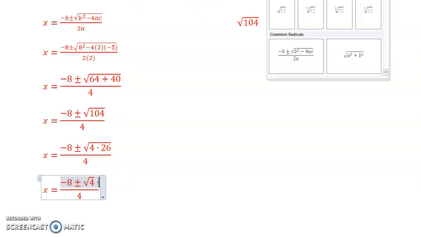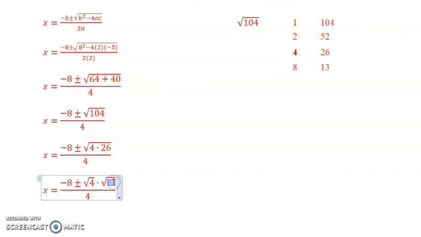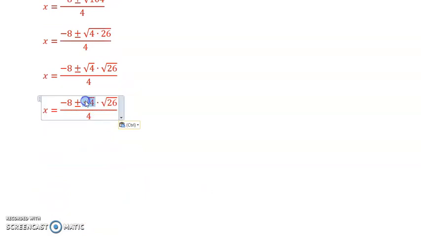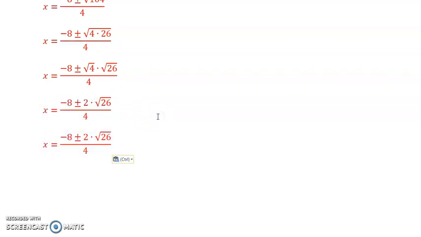And again, some of you might be able to do this step no problem, right? Then we take the square root of 4, which is 2. And nothing we can do with the square root of 26. That's as low as we can simplify that, so that's finished.